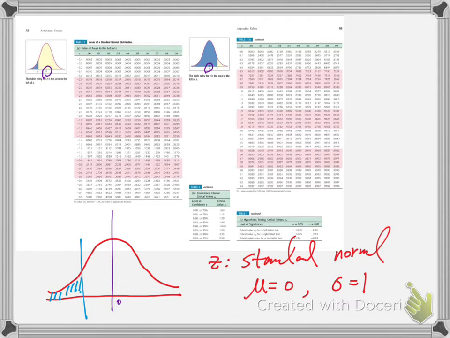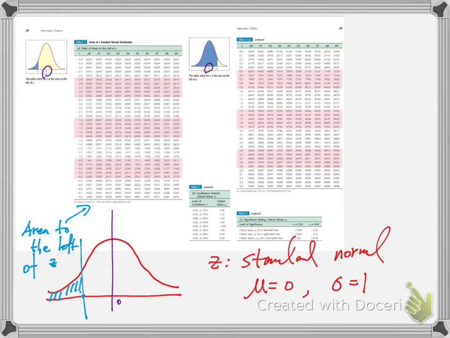So this table is the area to the left of cutting line Z. You will be given Z equals a number, and the area to the left is the number in table 3.